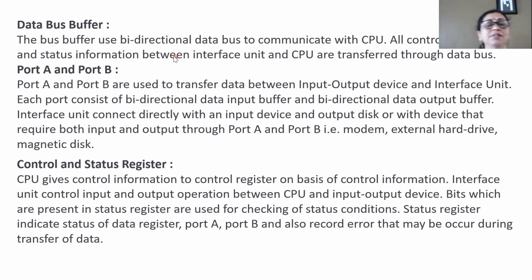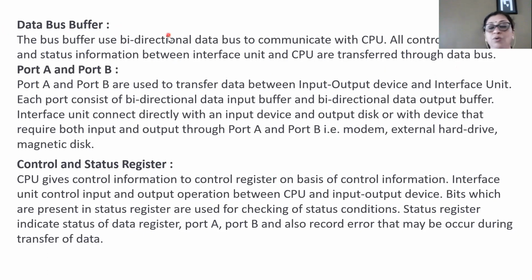So everything is transferred through the data bus. For example, control word, that means the command, is transferred through the data bus. Even status information provided by the input output device is transferred through the data bus. This is the functioning of the data bus buffer.